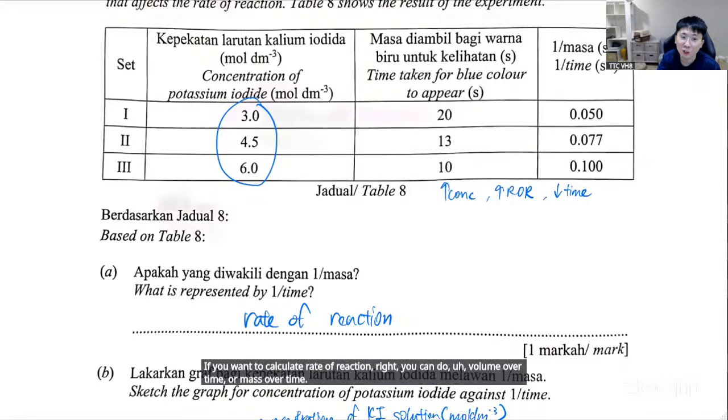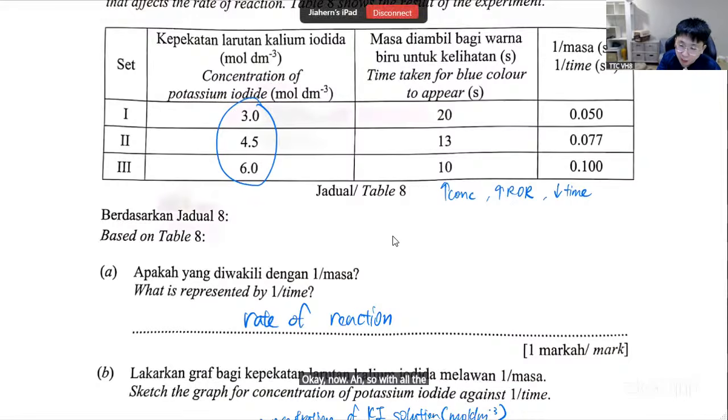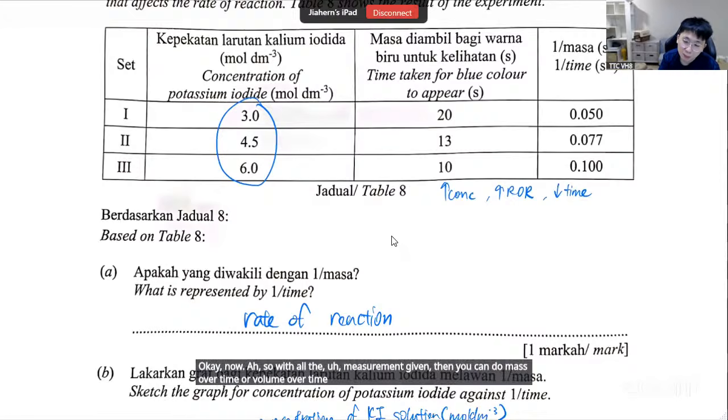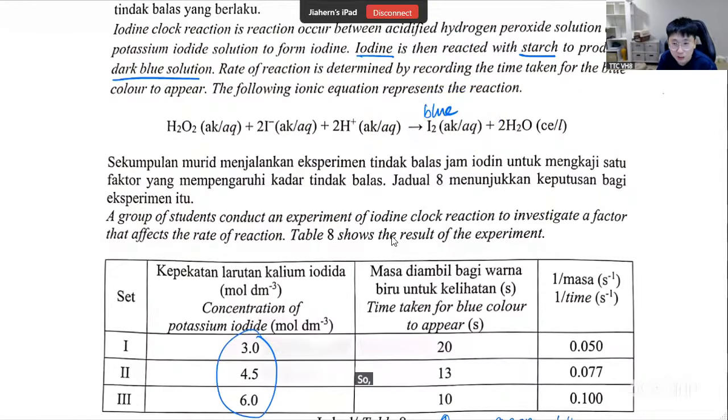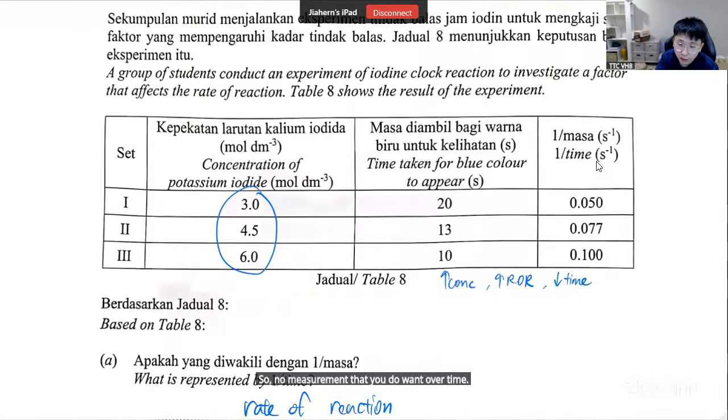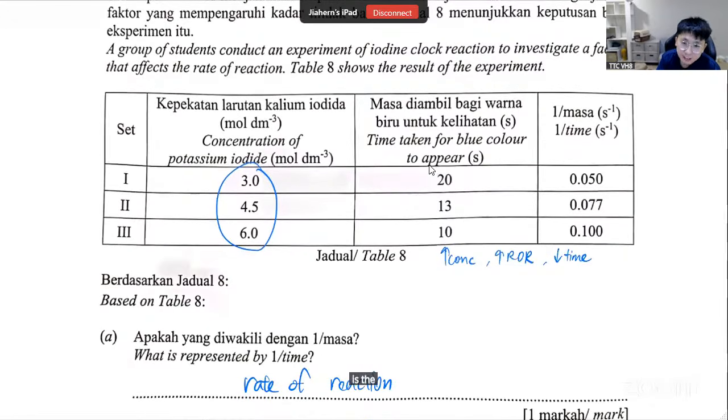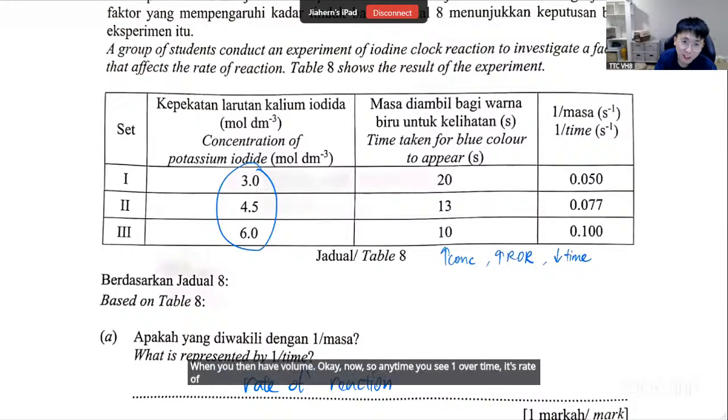With the measurements given, you can do mass over time or volume over time. But in this experiment there is no measurement, you are just looking at colors. So with no measurement, you do 1 over time. It is the simpler version of rate of reaction when you don't have mass or volume. So anytime you see 1 over time, it is rate of reaction.